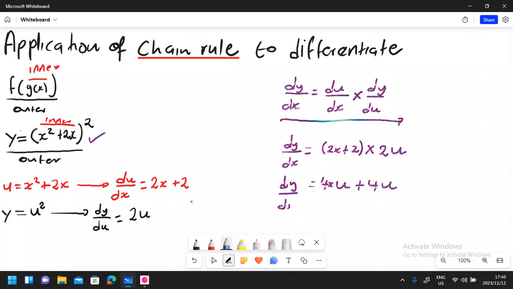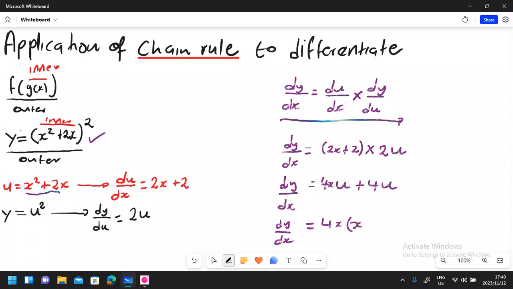Now remember what u is, guys. Don't forget that u is this, right? So now it's time for us to substitute. I know this is long, but I have to explain it this way so that you can understand and don't get confused. We're going to have 4x, and wherever there is u, we're going to substitute x squared plus 2x.